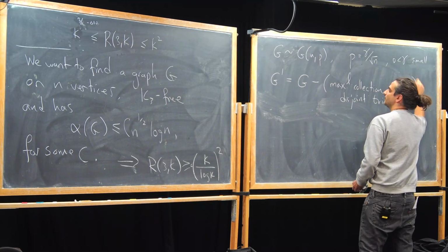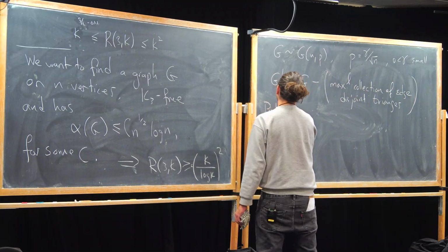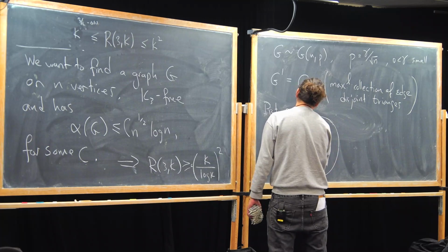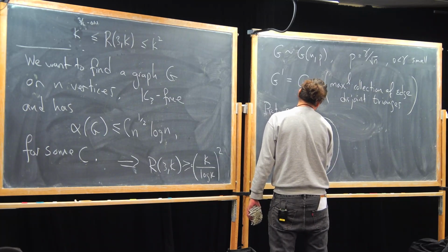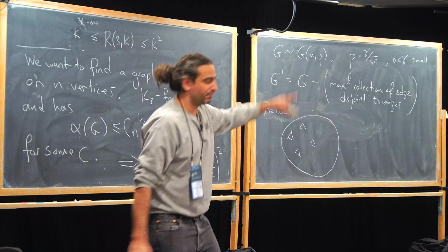What's the picture? First, I sample my G. It's going to have a bunch of triangles in it. We can check from our formula yesterday, there'll be quite a few triangles.